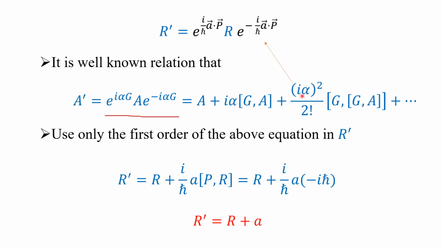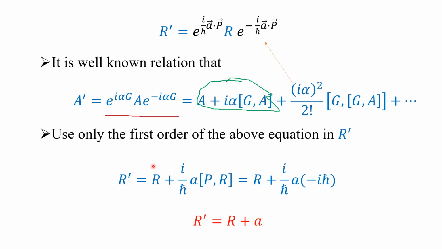Now you apply this here. Since alpha is a small parameter, you can take the terms only up to the first order in alpha. That is the first two terms: A plus i alpha commutation of G with A. If we substitute that here, then R prime will become R plus i alpha.